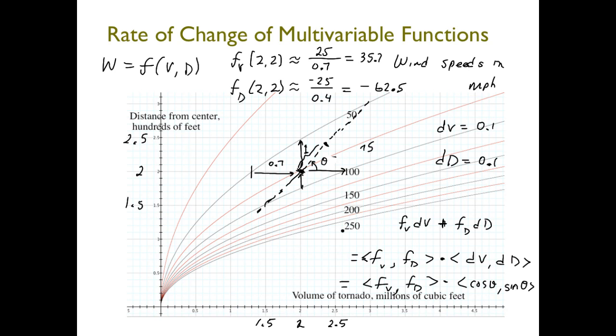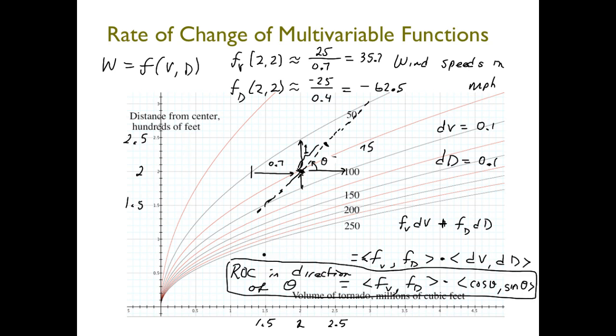And if I dot that with this vector of the partial derivatives, that's going to be the rate of change in the direction of theta. Where theta is going to indicate some unique ratio of the change in v to the change in d, and then cosine theta, sine theta will be the unit vector of that.